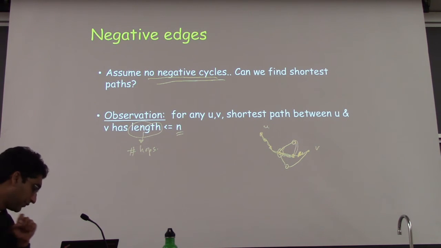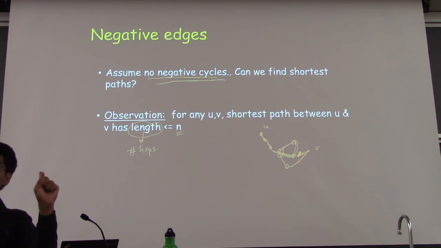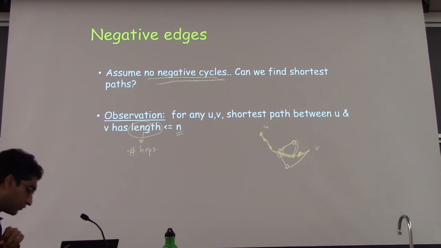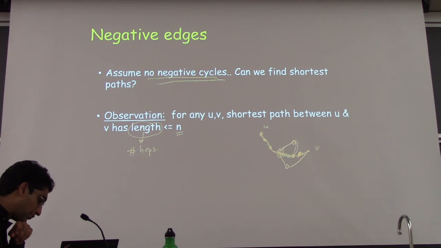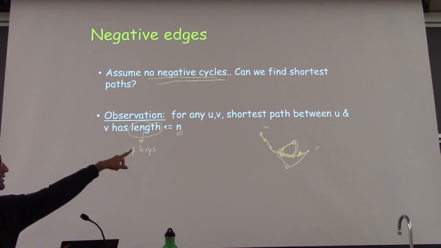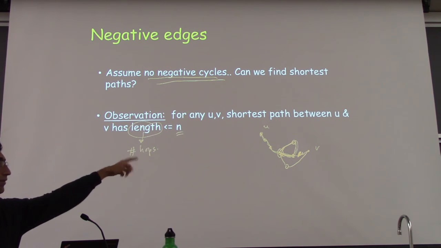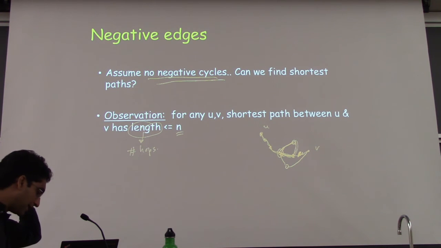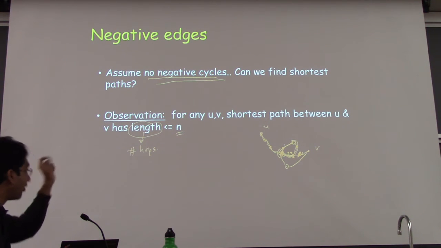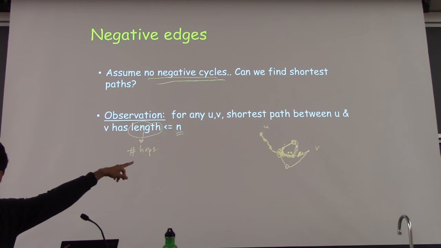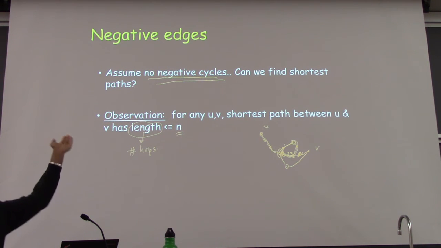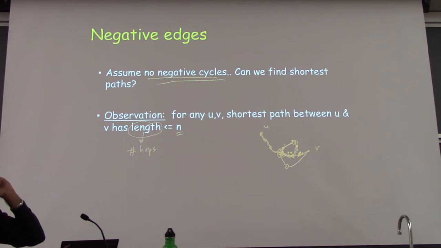So if you have a path with more than n nodes on it, then at least one node has to be repeated, which means it looks like this. And now, what is the total weight of this cycle? We assume that there are no negative cycles. So the total weight of the edges on the cycle cannot add up to something less than 0, because there are no negative cycles.